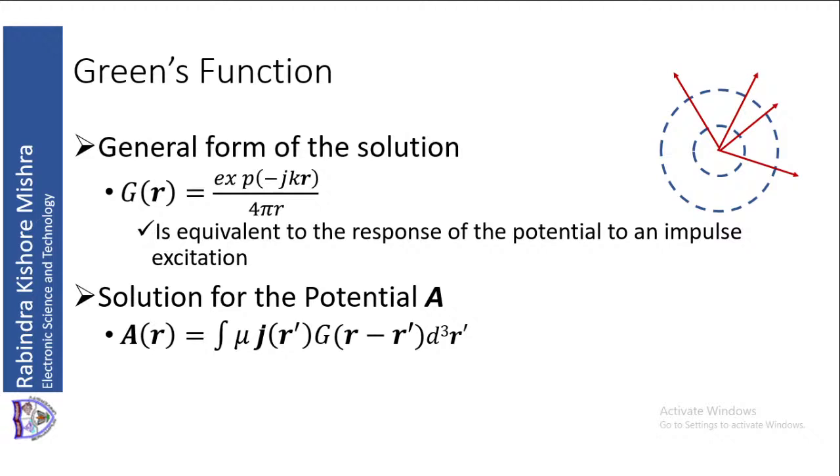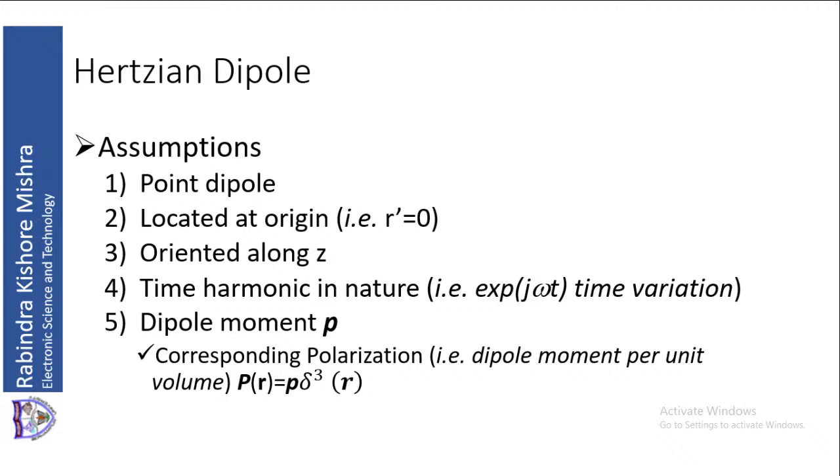Then we will come to the next part, which is the Hertzian dipole. For the Hertzian dipole, remember this part, this is important. We'll assume that we are considering a point dipole, so the dipole is localized to a point.